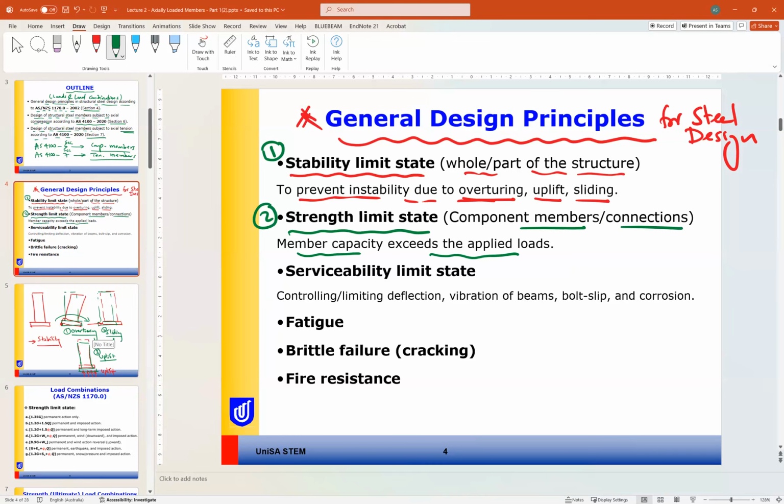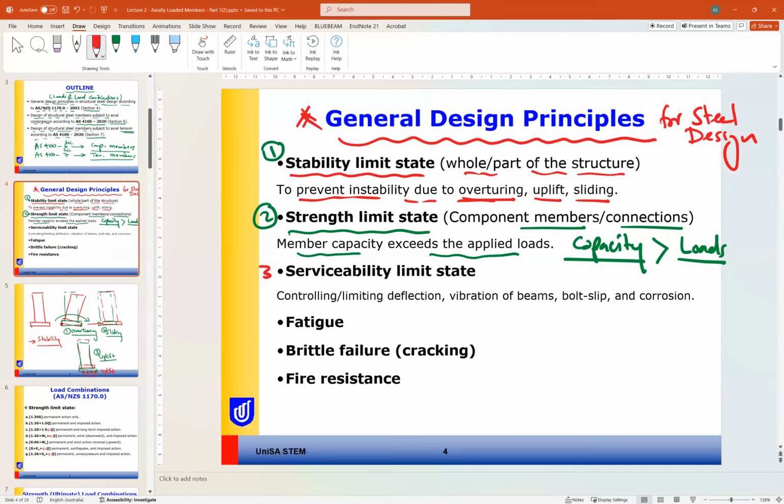For example, we should make sure that the capacity is greater than the loads, so that we have a safe design in regards to strength limit states. If the loads exceed the capacity of the member, this means the member will collapse or fail.